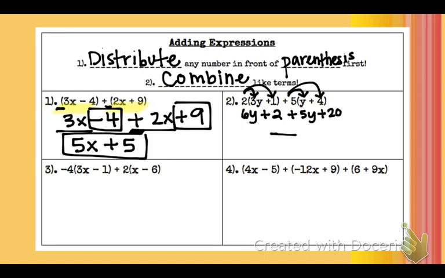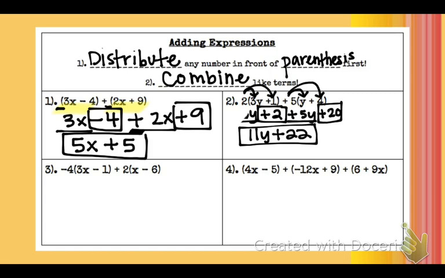Now I'm going to find my like terms. 6y, keep the sign in front, plus 5y is 11y. And I'm going to find my constants. That's that positive 2 and positive 20, which gives me 22. And we can box that in.